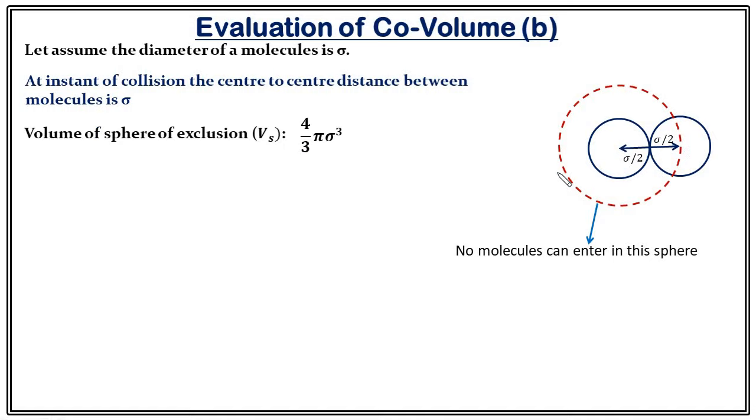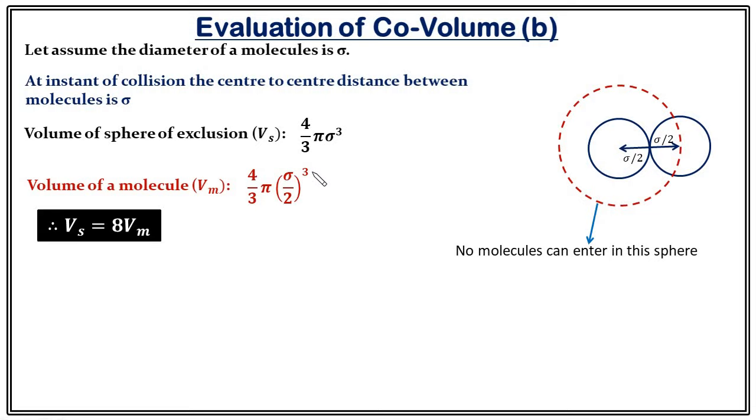So around any molecule there is a spherical volume in which no other molecule can penetrate. The volume of that sphere is Vs equals 4 by 3 pi sigma cube, and the volume of a single molecule is 4 upon 3 pi (sigma upon 2) whole cube. Therefore, the volume of the sphere is equal to 8 times the volume of a single molecule.